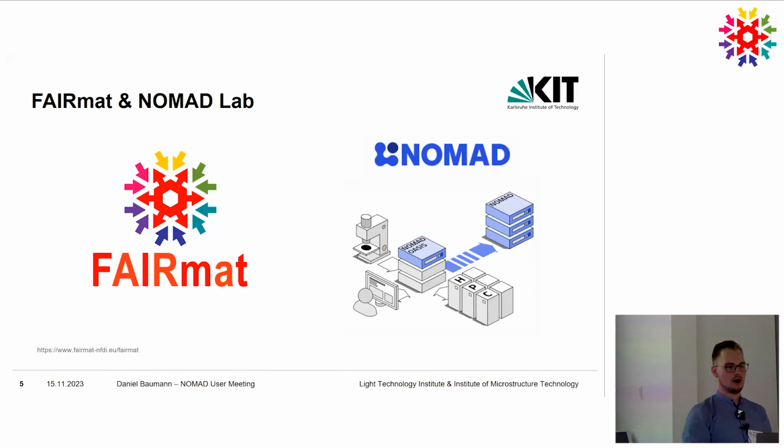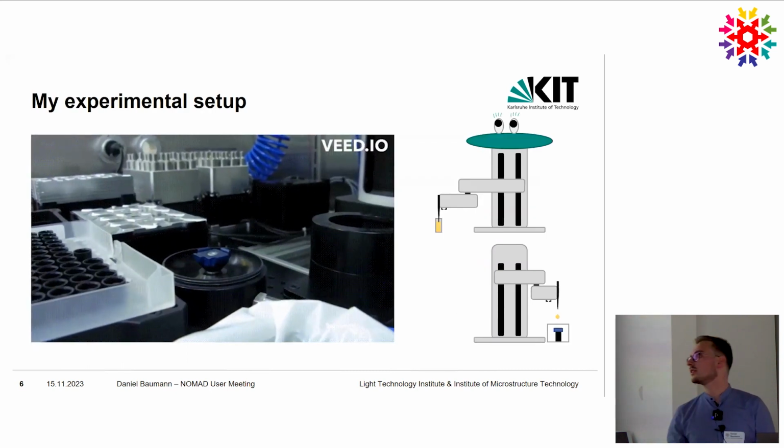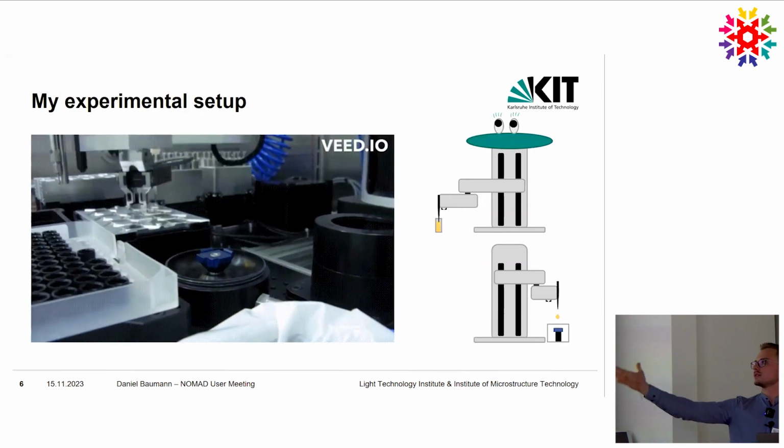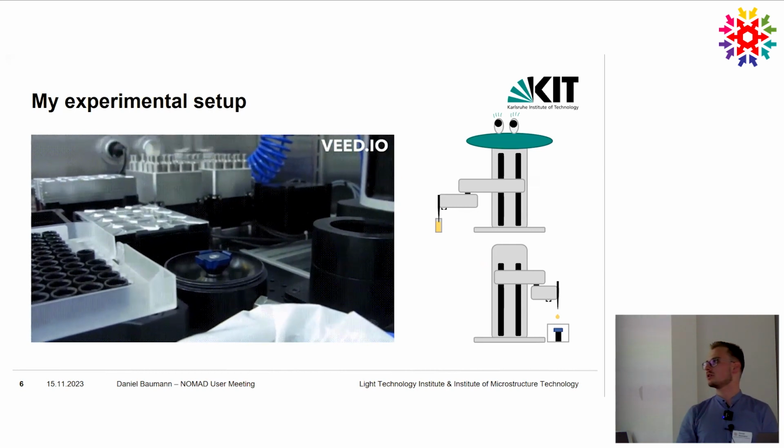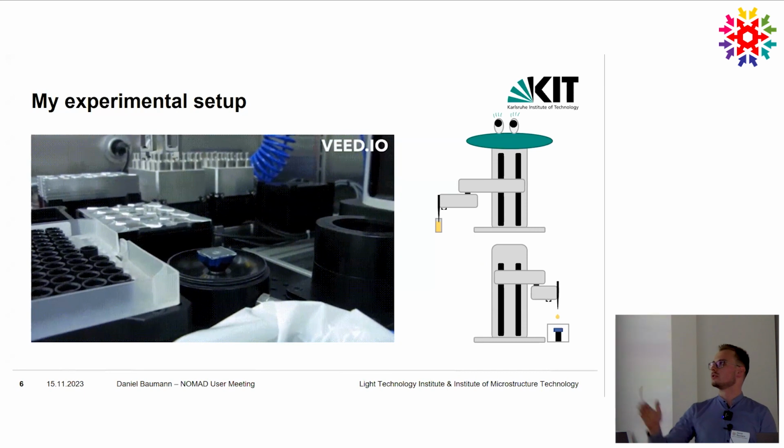For my experimental setup, I use a robotic spin coater that you can see here. It places the sample automatically in a spin coater. Then it takes a pipette tip, goes to the back, and gets some solution.